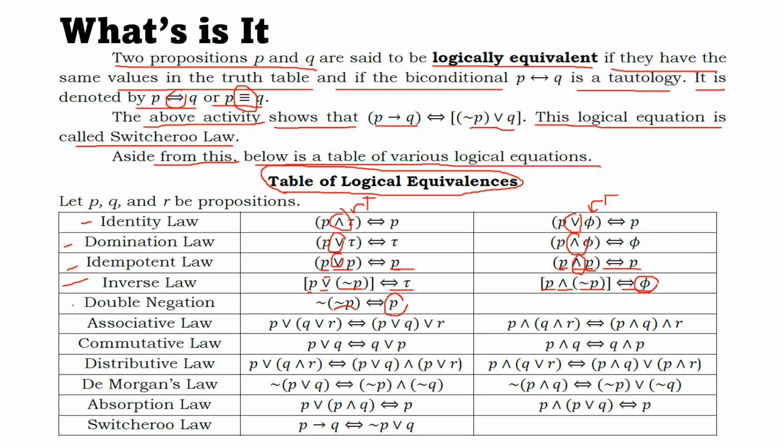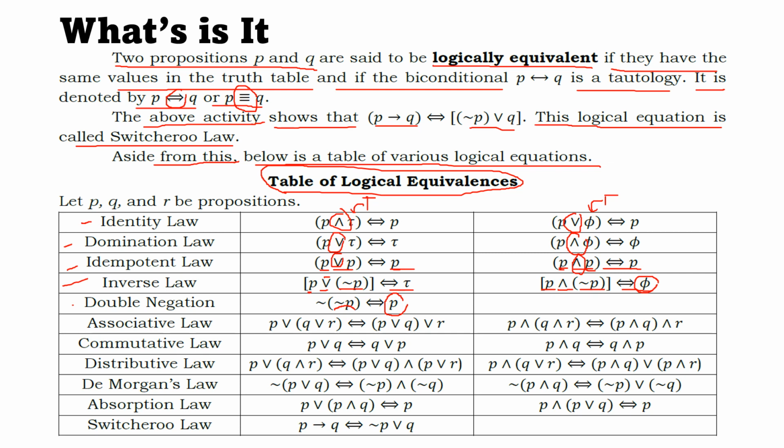So once we apply a double negation, the resulting value is still your original proposition, because whatever is the opposite of that original proposition P, if we take the negation of that P, that will be totally opposite of the original.